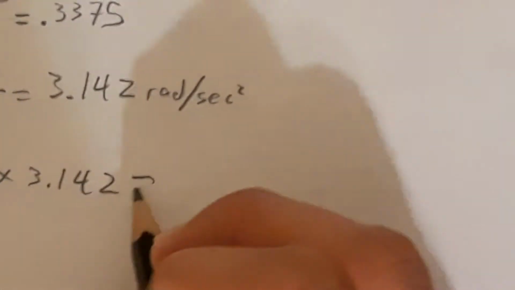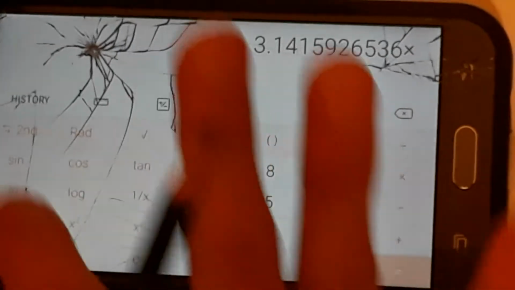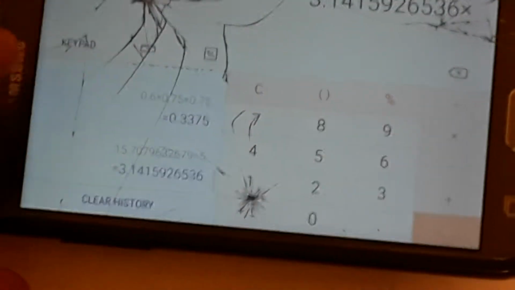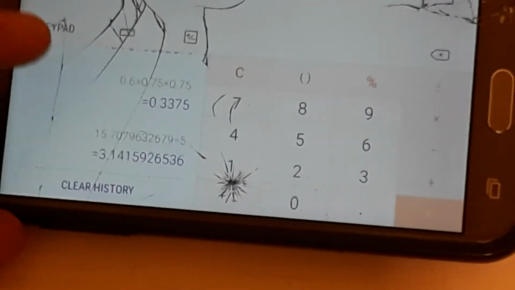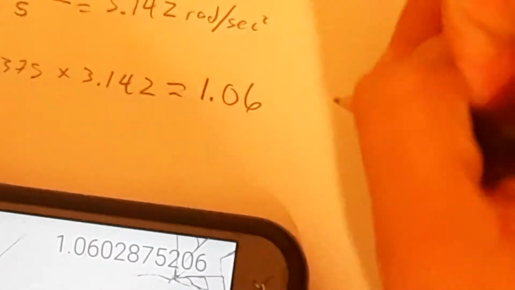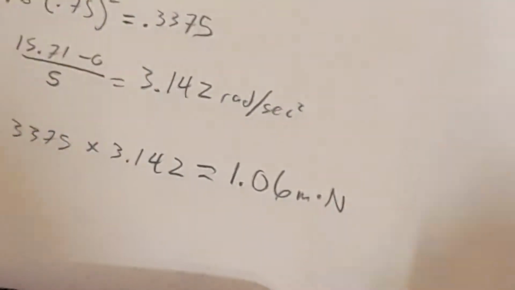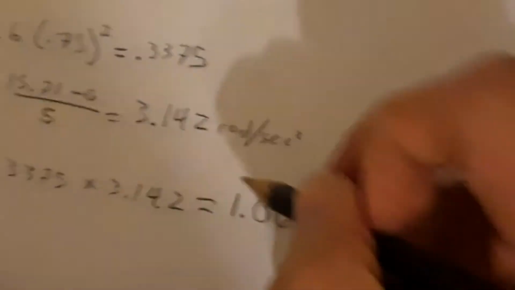So you're going to have this number over here, which is my acceleration, and I'm going to multiply it by that, and I will get 1.06 meter newtons, not newton meters, meter newtons. That's my answer.